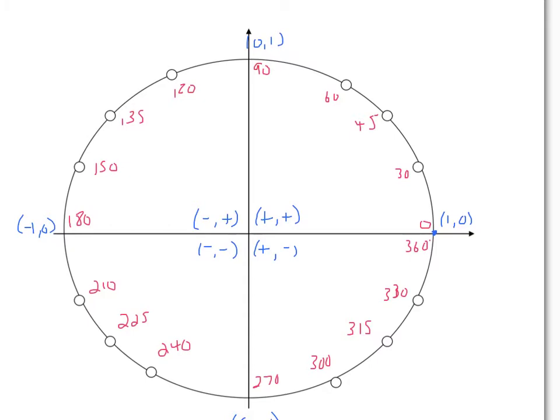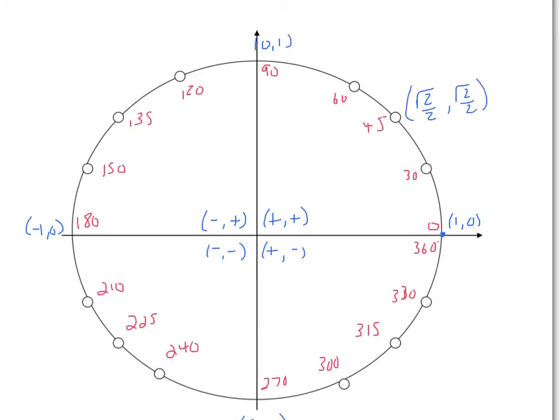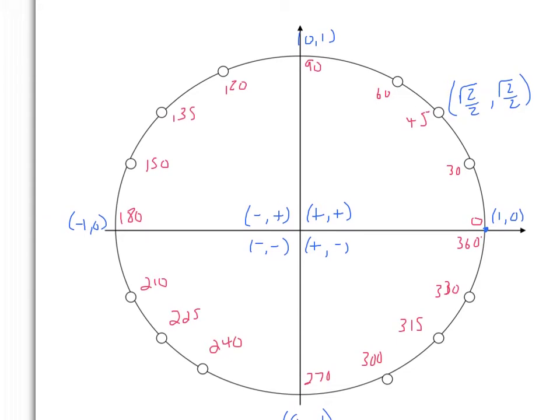I will start with 45 because I know that sine and cosine are equal at 45, and it's root 2 over 2 for each one. The unit circle is symmetrical, so I know that if I go straight across to the left, I have a negative root 2 over 2 because x's are negative in that quadrant, and a positive root 2 over 2.